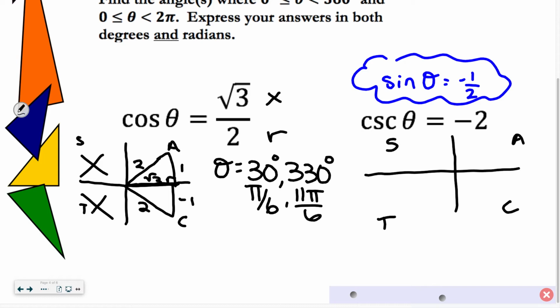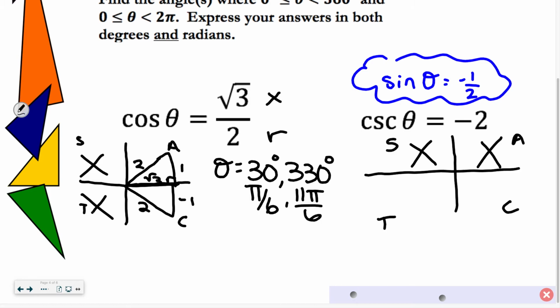In quadrant 2, sine is positive, so we'll nix that one. What other one would I nix or keep? Quadrant 1 is nixed, right? All of them are positive. So I've got to be in quadrant 3 or 4.